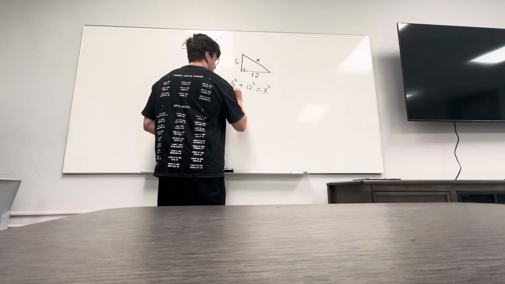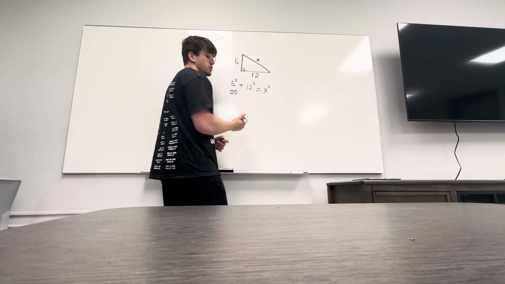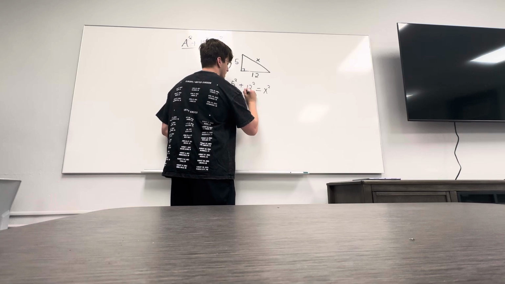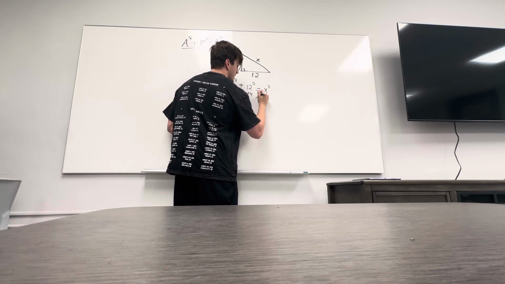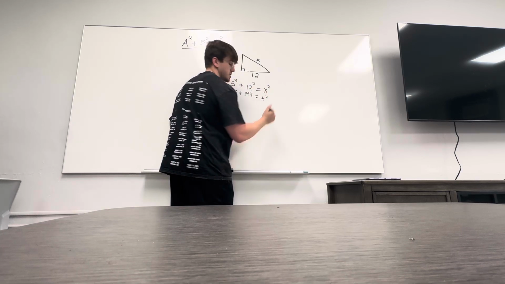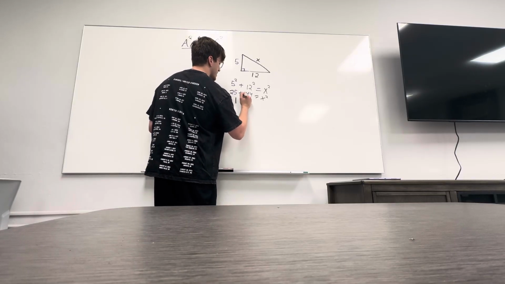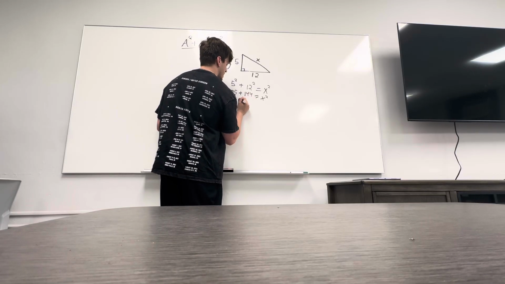So 5 squared, 5 times 5 will give you 25. 12 squared, 12 times 12 will get you 144. And then x squared just stays the same. So then you keep going down the line, working.